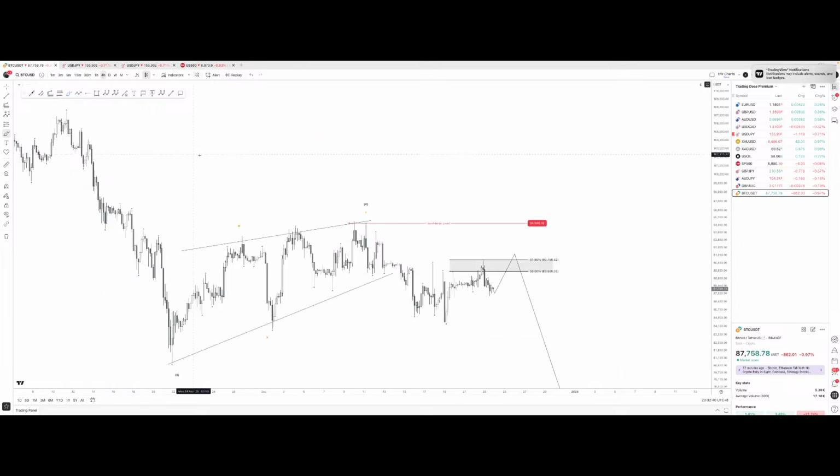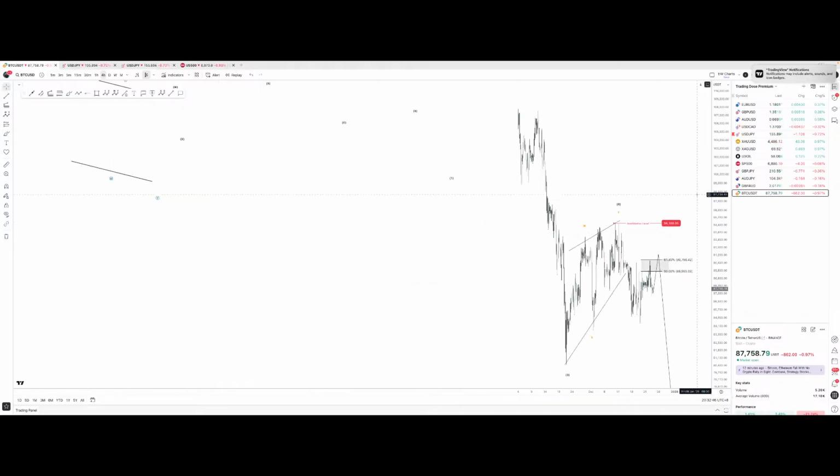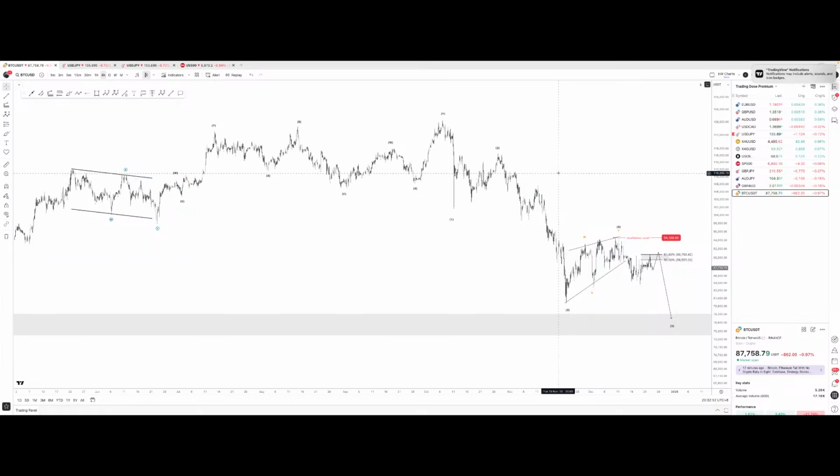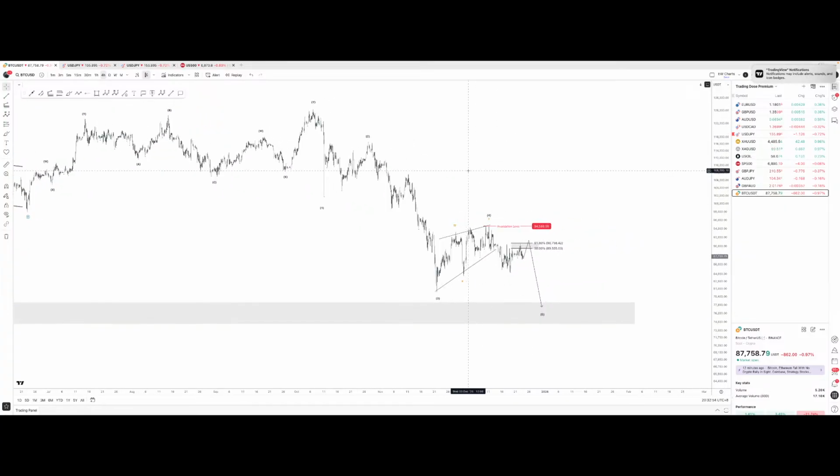Okay, then we have the Bitcoin. If I zoom out a little bit first to show you the overall structure, this is my take as of now, right? So we have this high. Okay, 1, 2, 3.